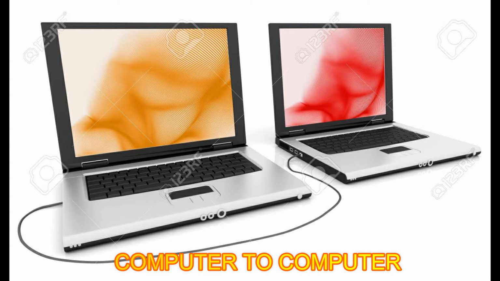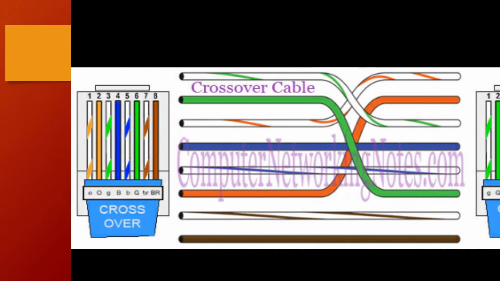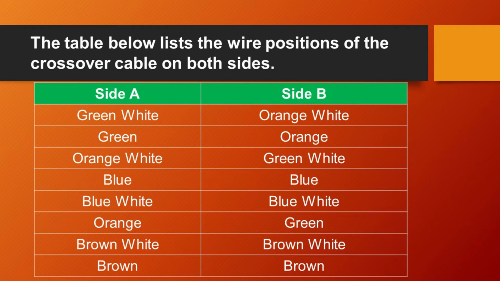And in crossover cable, it uses different color codes. So if you use 568A on the first end of the wire, you need to use 568B on the other end of the wire. The table on the screen shows the wire positions of the crossover cable on both sides.